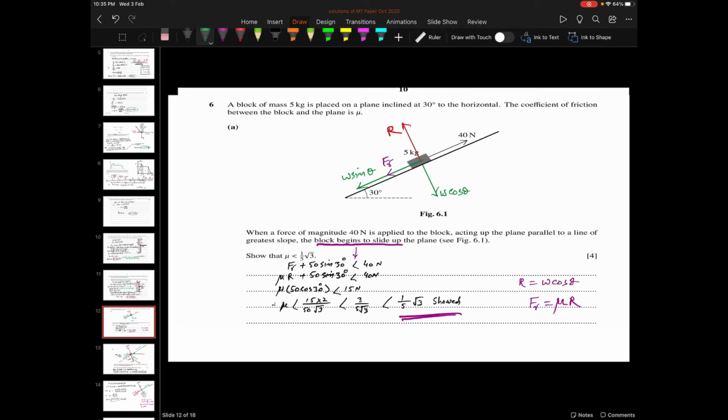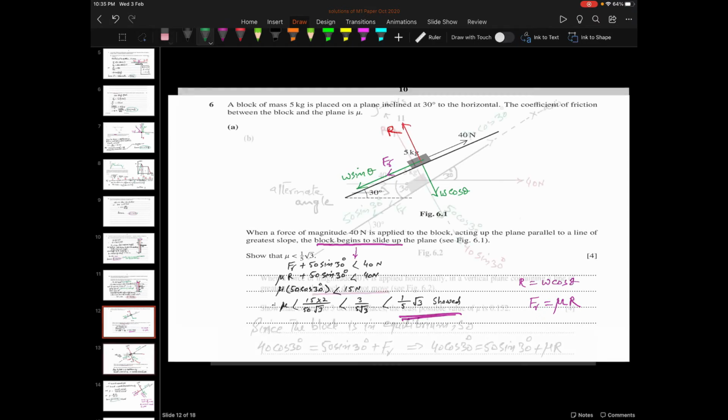I have used the value of cos 30, which is equal to root 3 upon 2. So mu is less than 3 upon 5 root 3, which is less than or equal to 1 upon 5 times the root 3. And that is our required answer.